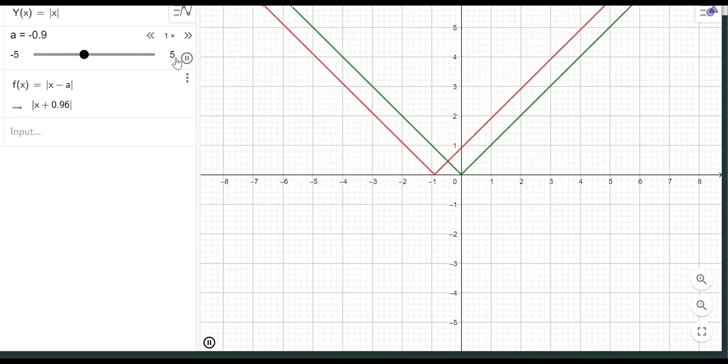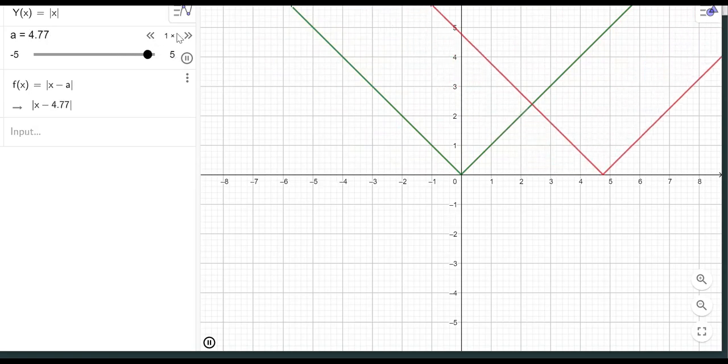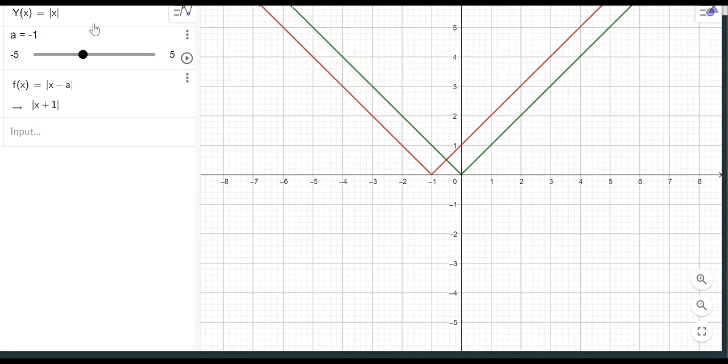Now what do we want? At a equal to -1, this is the graph. It is the modulus of x graph shifted to the left by 1. That is modulus of x plus 1. So it will not be differentiable at x equal to -1.